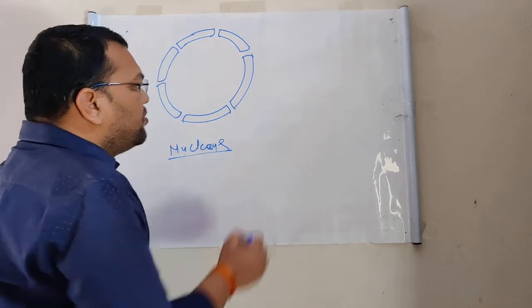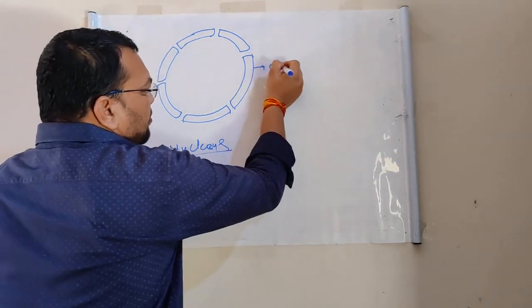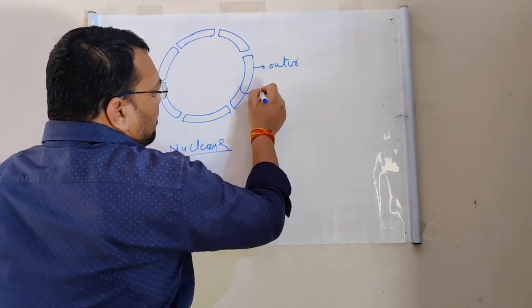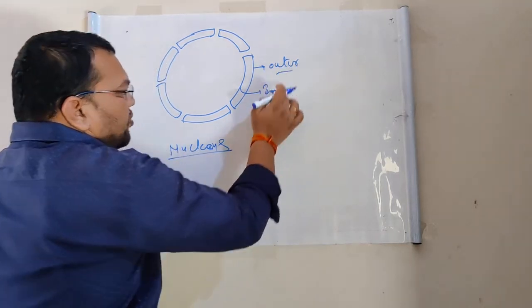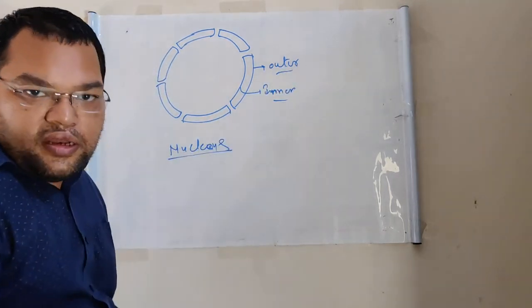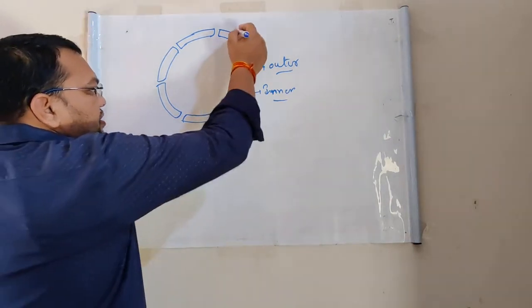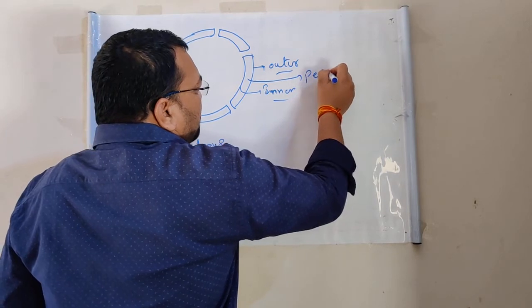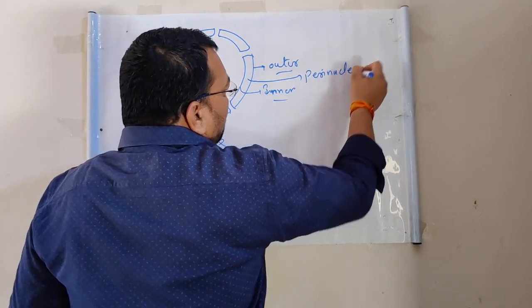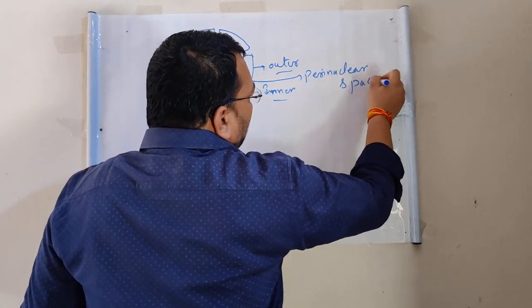This is the outer membrane, and this one is the inner membrane. The space between these two membranes is the perinuclear space.